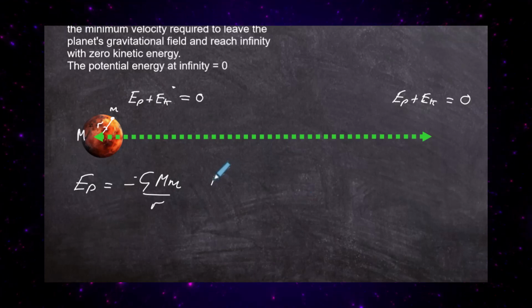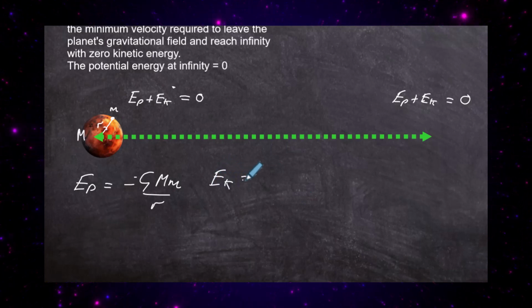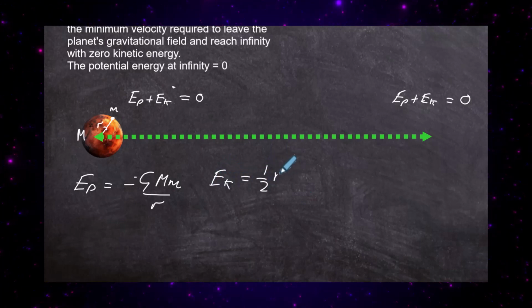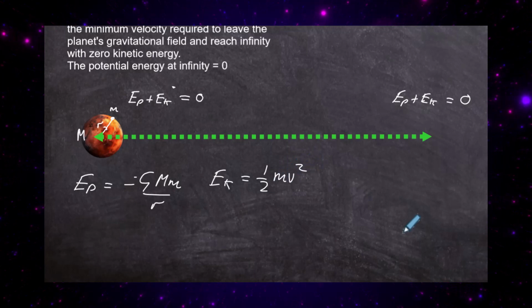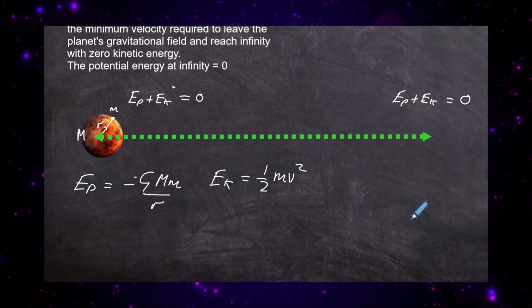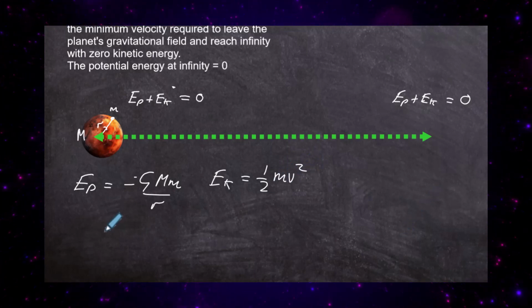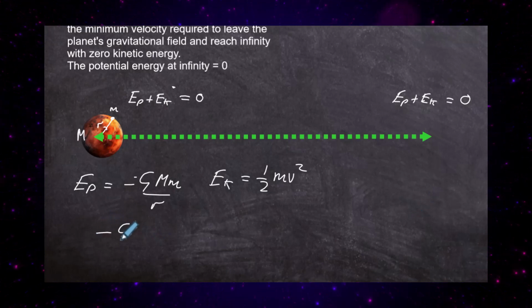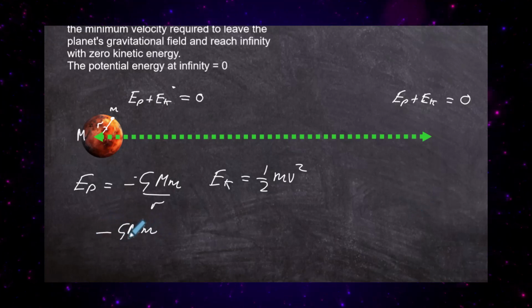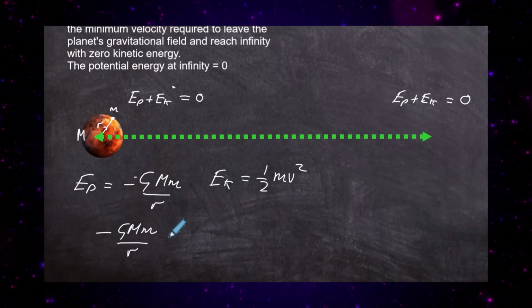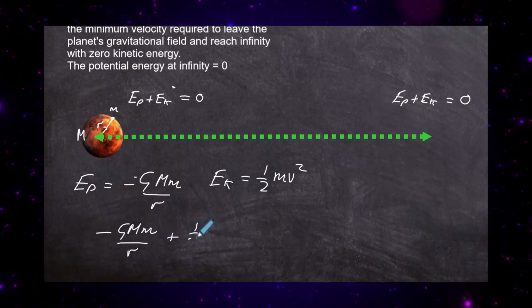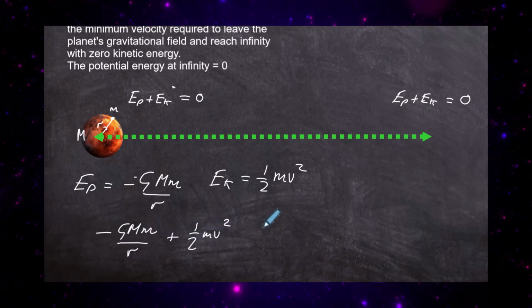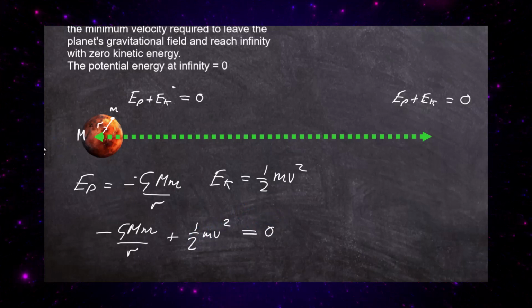We also know EK. That's quite easy to do. EK is 1/2 times the mass times the speed squared. So if EP plus EK equals 0, we've got this relationship here: minus G capital M small m over r, plus 1/2 m v squared, and that should equal 0.